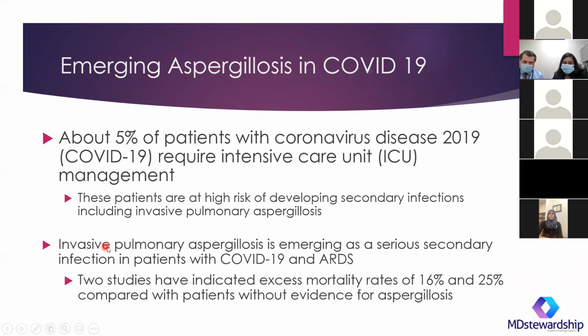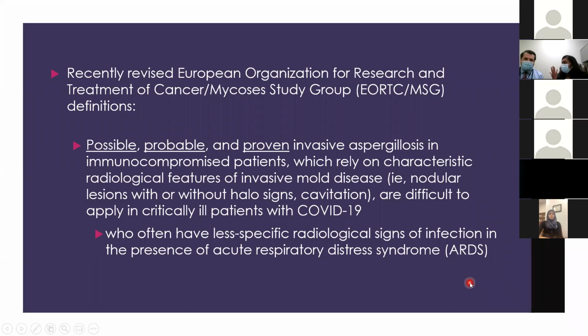Invasive pulmonary aspergillosis is emerging as a serious secondary infection, and 2 studies have indicated excess mortality. What they noticed is that it's still a small percentage, but if you have a fungal infection, your mortality is much higher compared to not having one. The European Society gave us some helpful guidance.